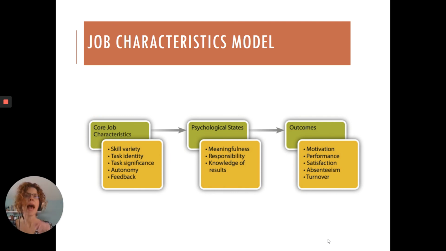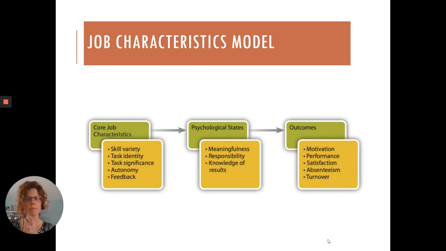When a person has a job that has these 5 characteristics in abundance, more likely than not, they will be highly motivated. So what are these core job characteristics? They're listed for you on this slide, and I'll talk about them just a bit more on the next. They are skill variety, task identity, task significance, autonomy, and feedback.